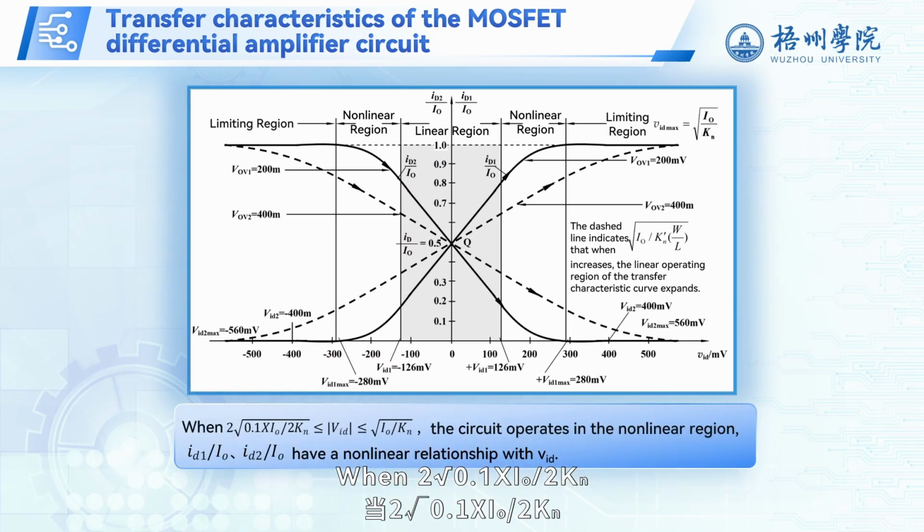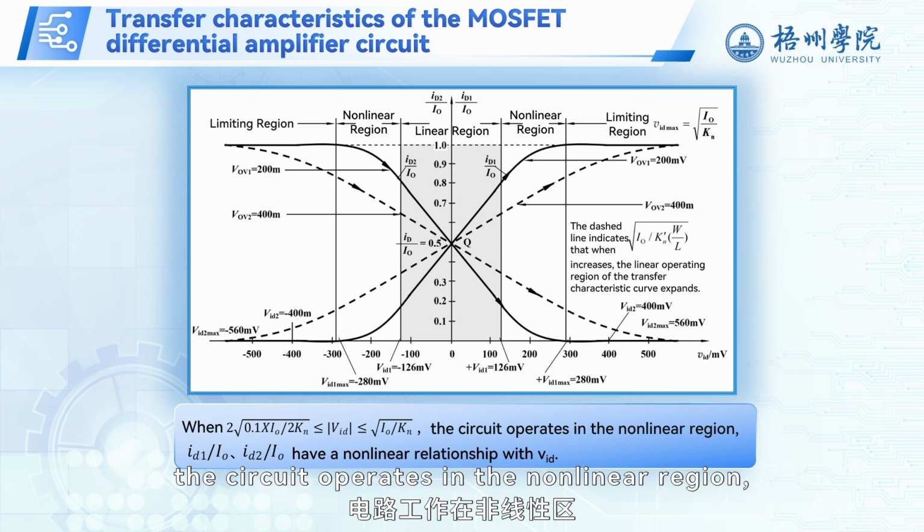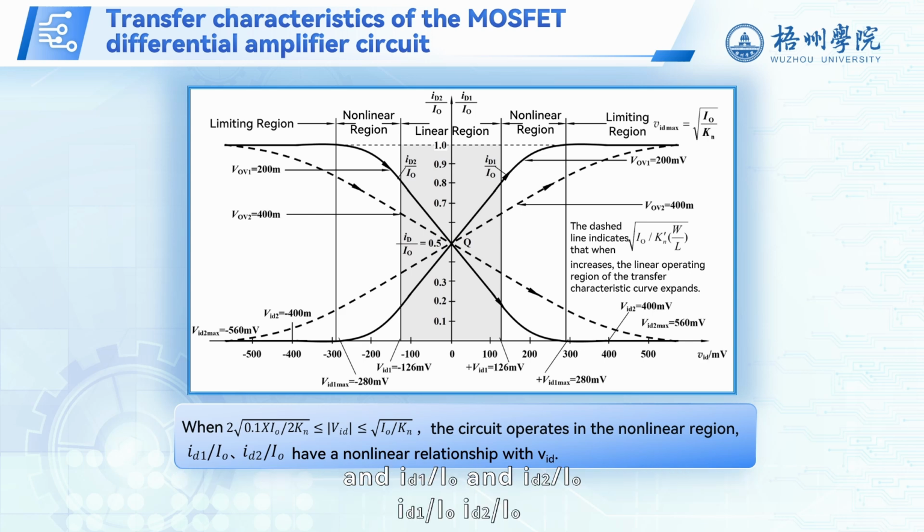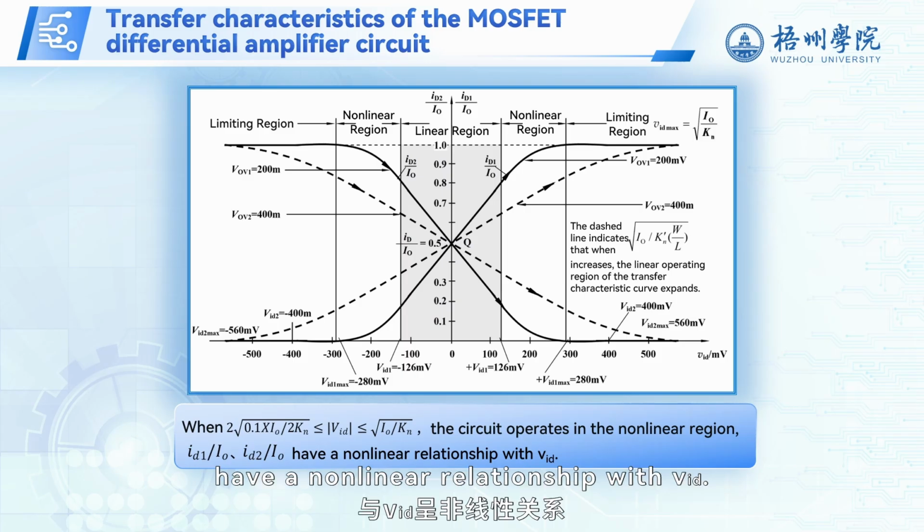When 2 times the square root of 0.1 times I_O divided by 2K_N is less than or equal to the absolute value of V_ID, which is less than or equal to the square root of I_O divided by K_N, the circuit operates in the nonlinear region, and I_D1 over I_O and I_D2 over I_O have a nonlinear relationship with V_ID.